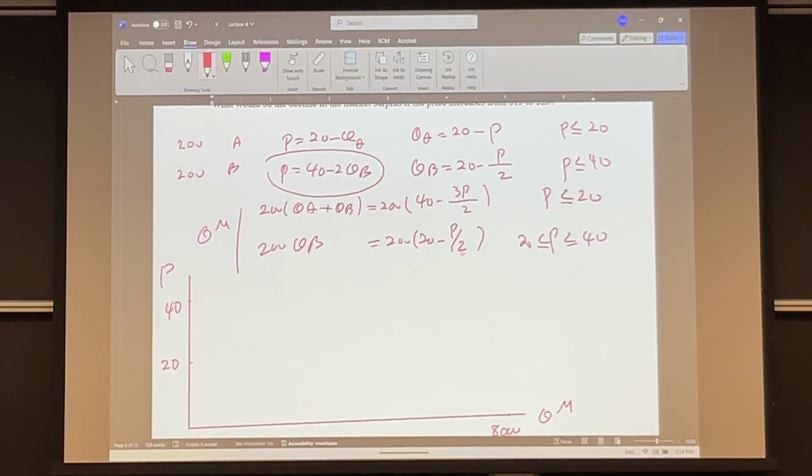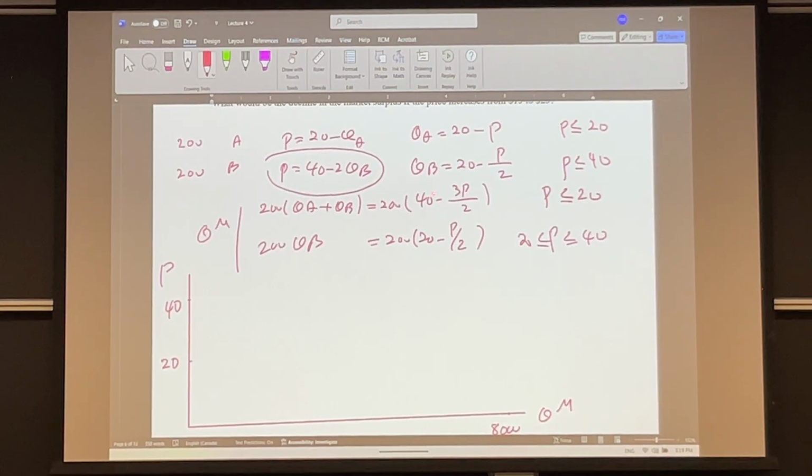This is probably easier. I get 2,000. There. You get 2,000 from this one? You should. Just verify it, make sure you don't have an error. 20 is a common point, so you should be able to get it from both. I get 2,000 here, do you get 2,000 there? Yes or no?